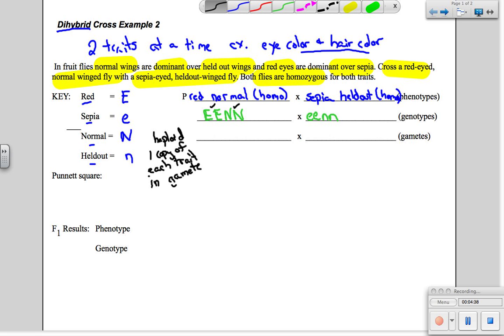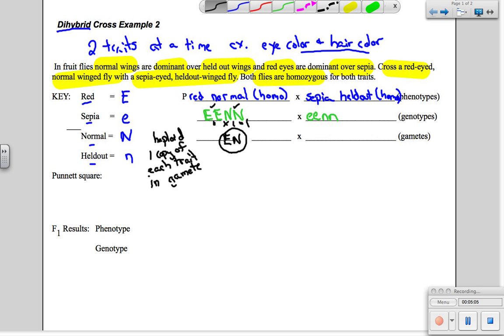Let's consider what my possible combinations are from this parent. How many choices for letter E do I have? 1. I can have a capital E or a capital E. How many choices do I have for N's? 1. 1 times 1 is 1. So there's only 1 possible gamete here. And it is capital E, capital N. There's my egg.